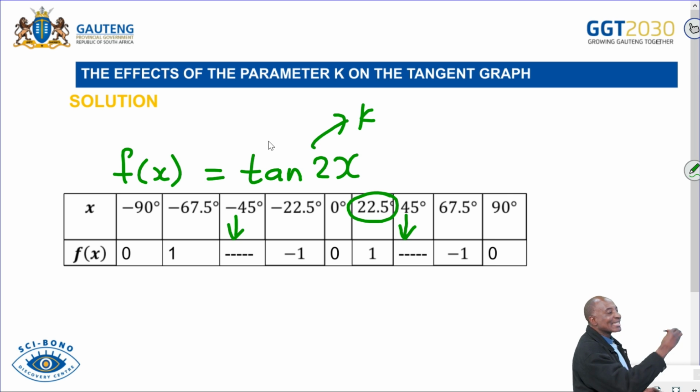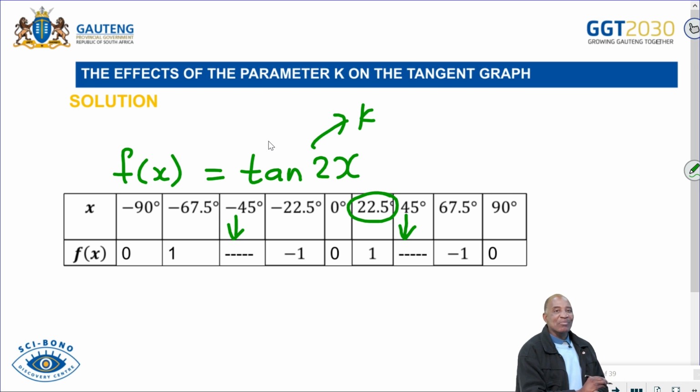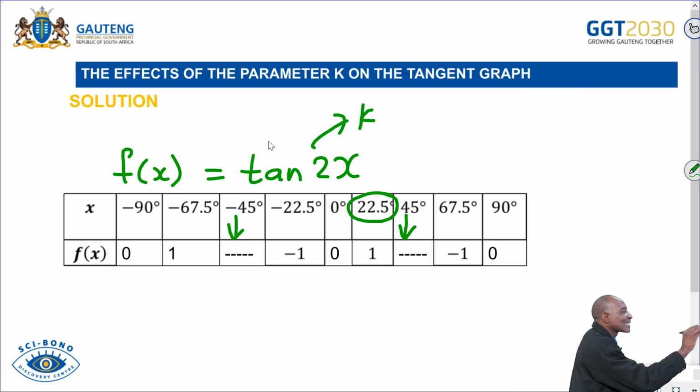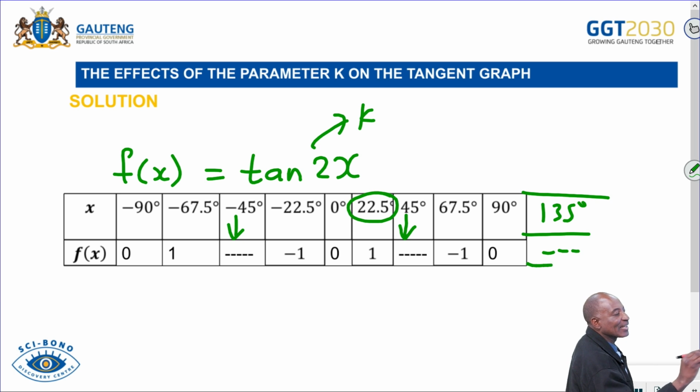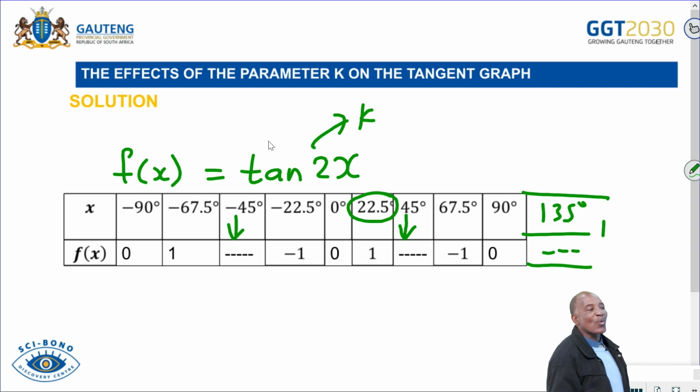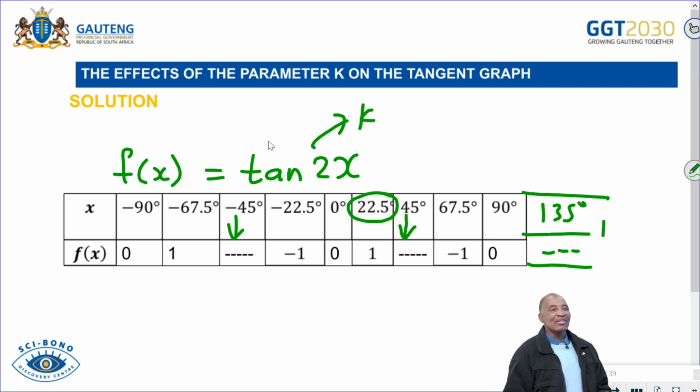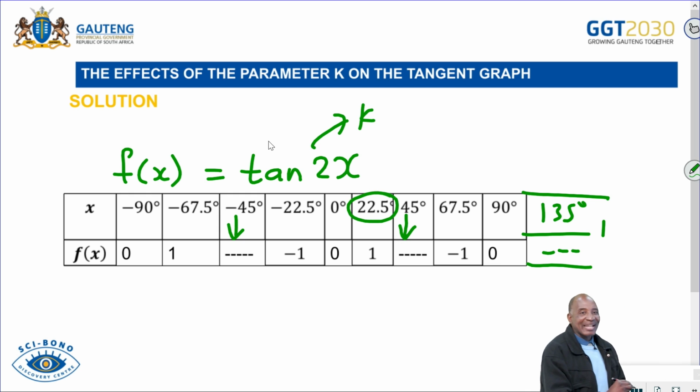I can also determine after how many degrees do these lines of asymptotes appear. I can see it's at negative 45, 45, is a gap of 90. The next one I will add 90, it will be at 135 degrees, it will be another line of asymptote. And so on until you get to 180 degrees. And so on until you get to negative 180 or negative 360, depending on what you are given. This is the behavior of that graph now.